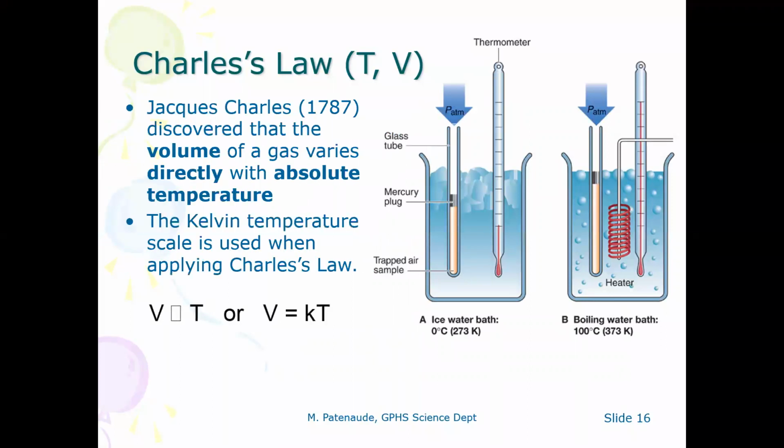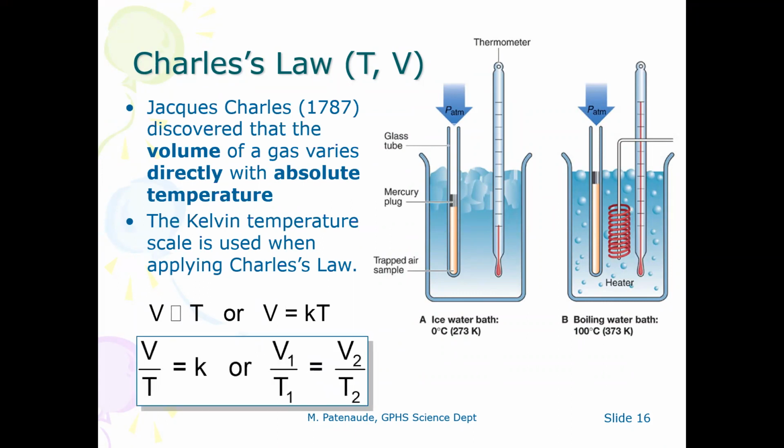So Jacques Charles, you don't need to know first names. He discovered volume is directly proportional to absolute temperature. So we're using Kelvin temperatures. Volume is proportional, that little symbol again that looks like the Greek letter alpha, to temperature.